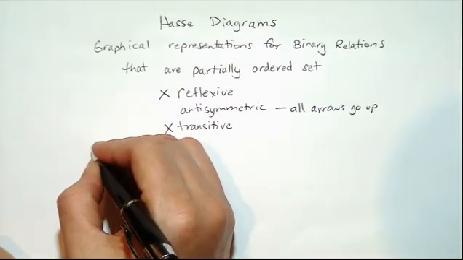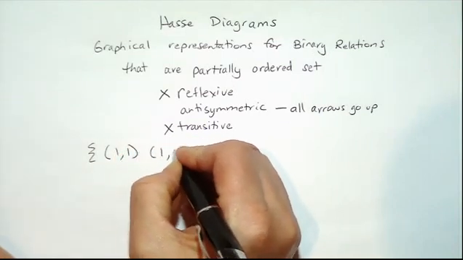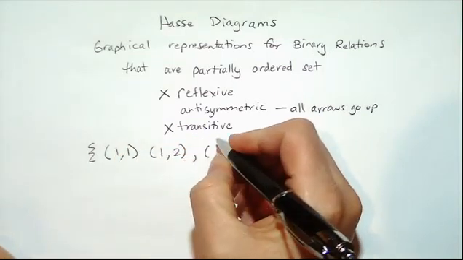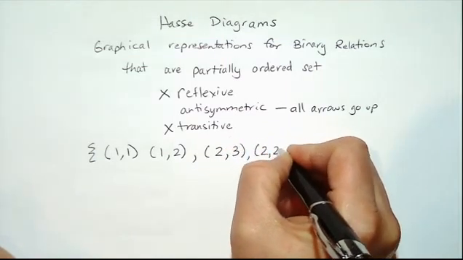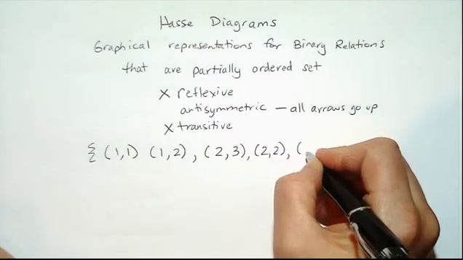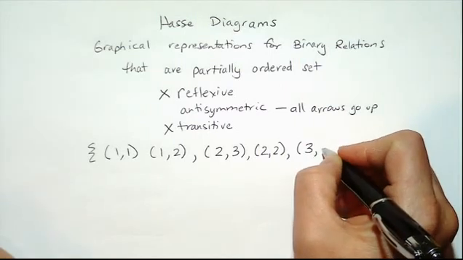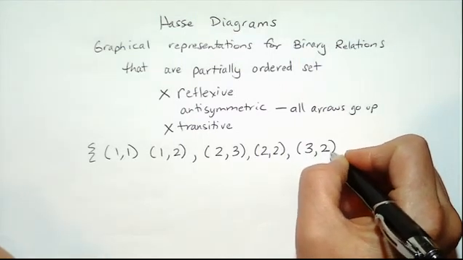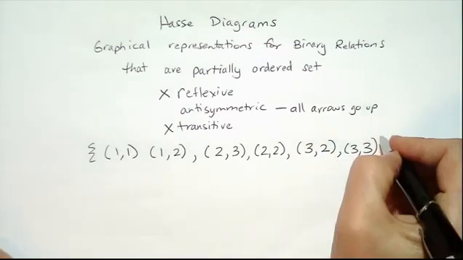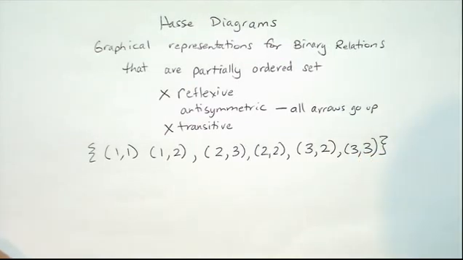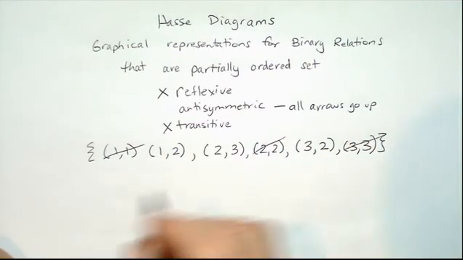Okay, so let's make a sample partially ordered set. First of all, we're going to cross out the reflexive edges because we know we don't draw those.